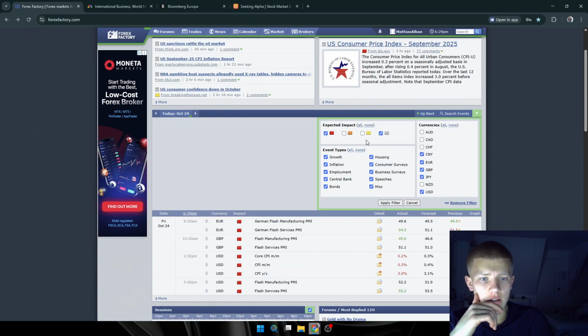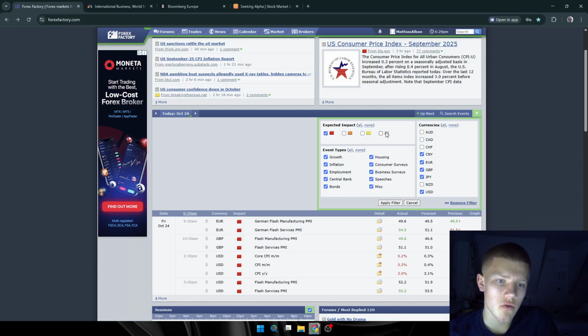I just have this filter on, so you're going to want to make sure all event types is on, and then make sure the red folder news, which is the most impactful, is checked, and then gray news, which is just bank holidays, etc. Then choose the currencies that affect your trading.